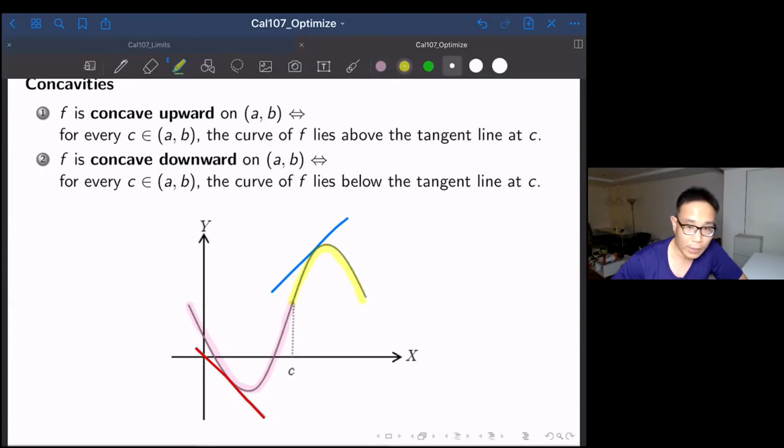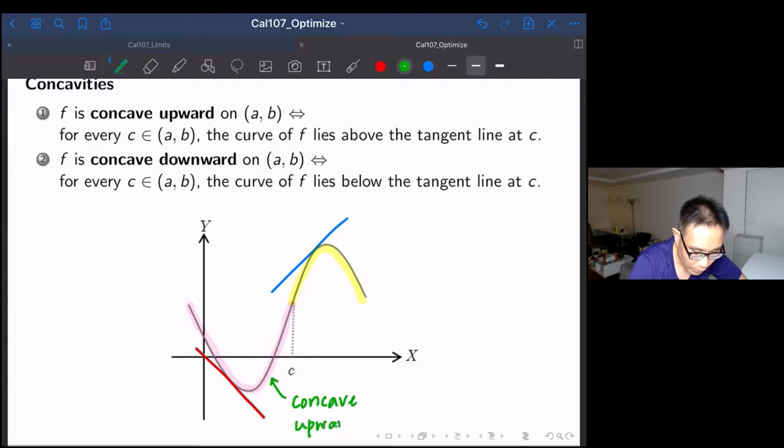So you see that in the pink region, the curve is called concave upward, and in the yellow region, it's concave downward.